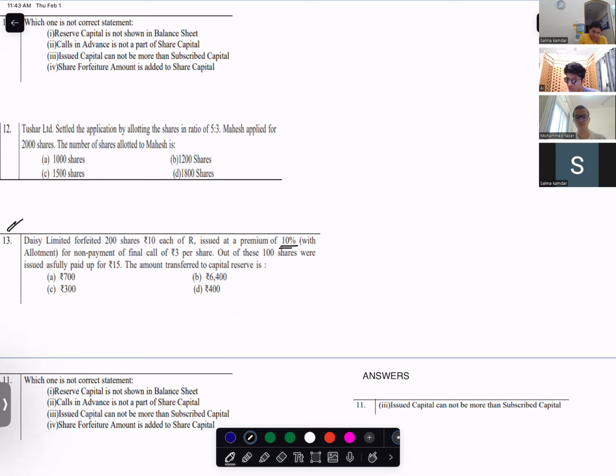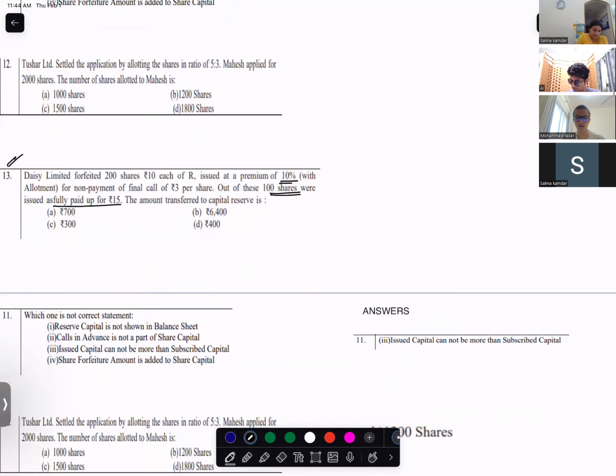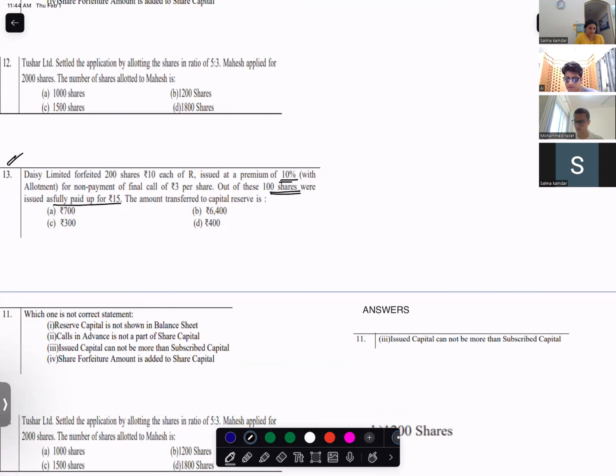Out of these, 100 shares were issued as fully paid up at 15. The amount to be transferred to capital reserve is? Now listen to me. 200 shares are forfeited.